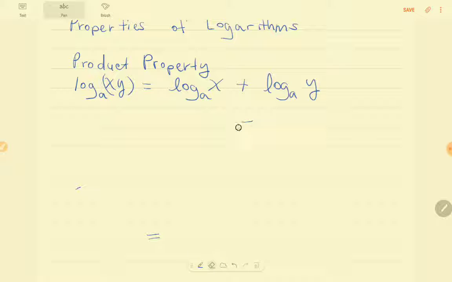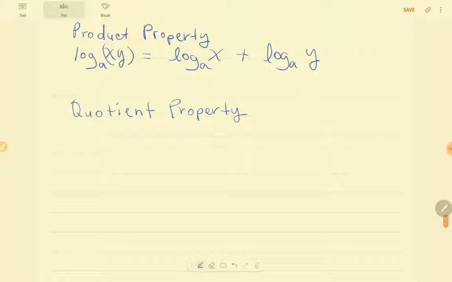The quotient property is, well, what is a quotient? Well, just like the product is a result of a multiplication of two factors, a quotient is the result of dividing.